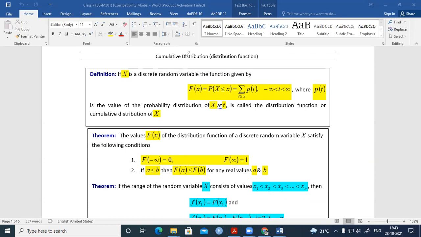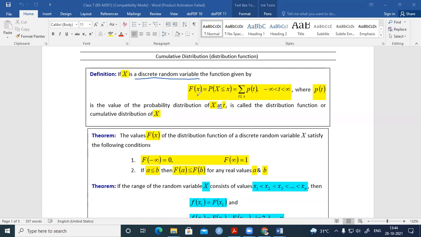As you can see, the definition is already in front of you. If capital X is a discrete random variable, the distribution function is defined as follows. It is a kind of cumulative function, just like in statistics, whenever we talk about frequency distribution, cumulative frequencies also come.